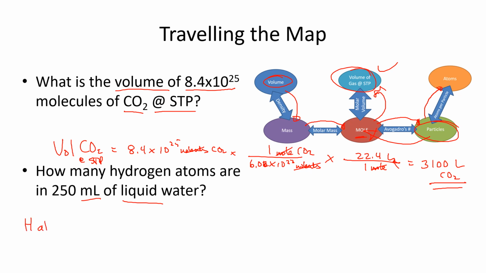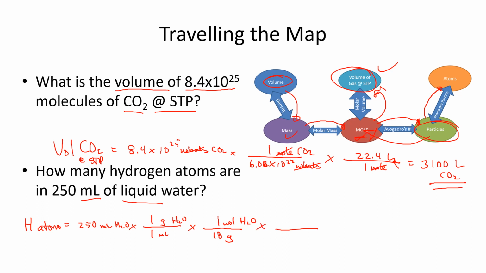So hydrogen atoms equals 250 milliliters of water. And we know that the density of water is 1 gram for every 1 milliliter. So that gets us to grams of water. Ding, ding, ding, we are at the mass. Next step, water is 18 grams per mole. You can check on your periodic table if you like. And that gets us to the mole.